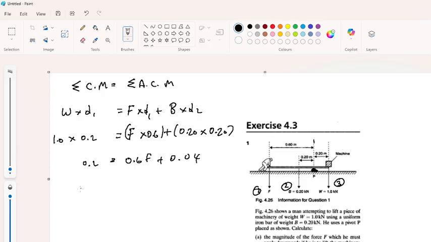I have to subtract this now. 0.02 minus 0.04 is equal to 0.06F minus 0.2.